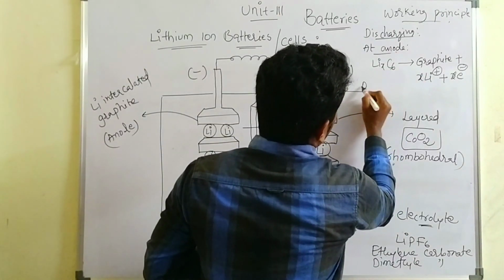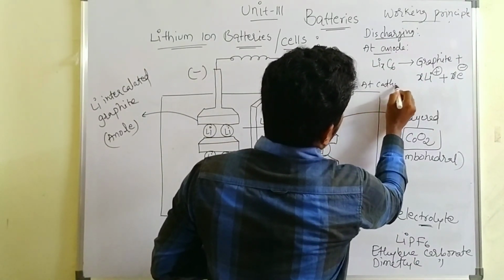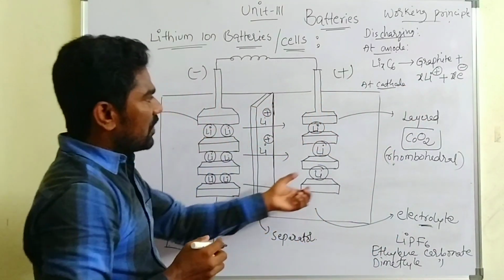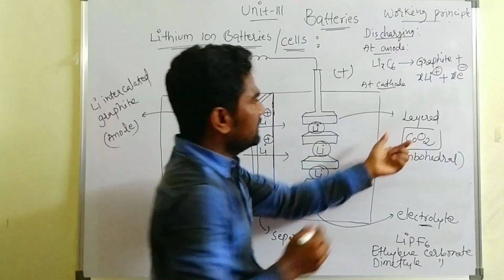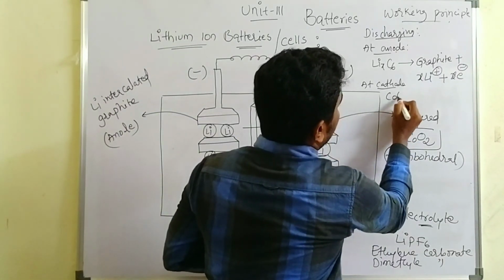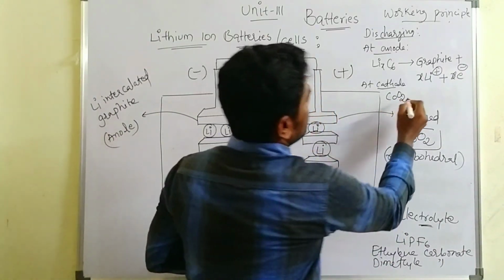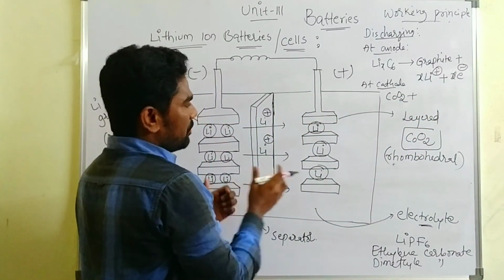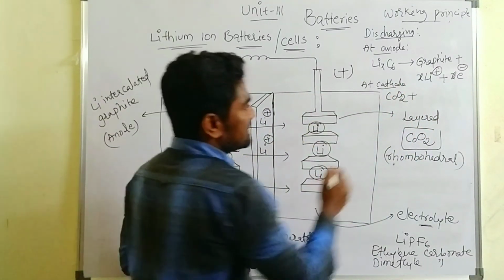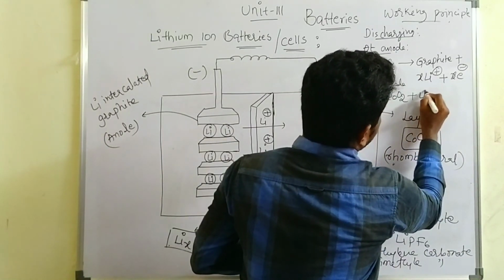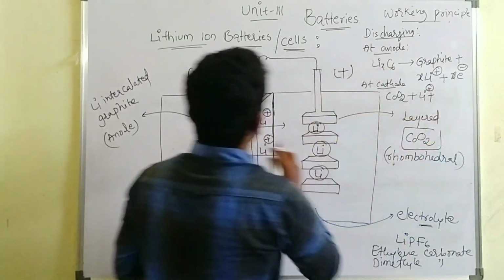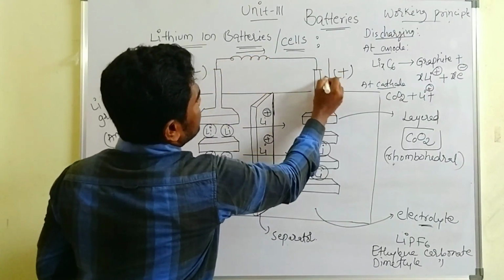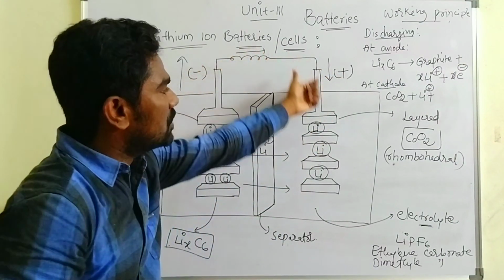What happens at the cathode? If you see here, what we have? Initially we have cobalt oxide, isn't it? So through the electrolyte, the passage of the lithium plus ions can take place, isn't it? And through the external source, the electrons can move towards the cathode.